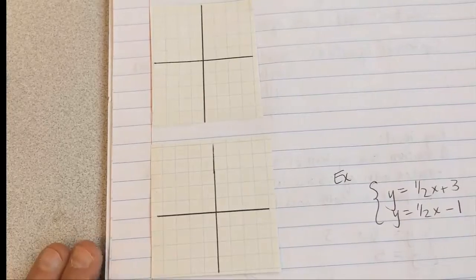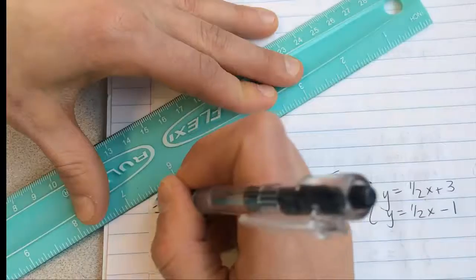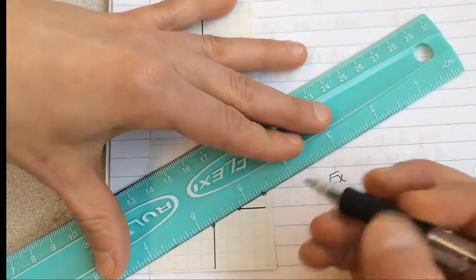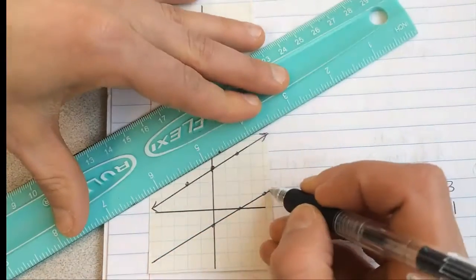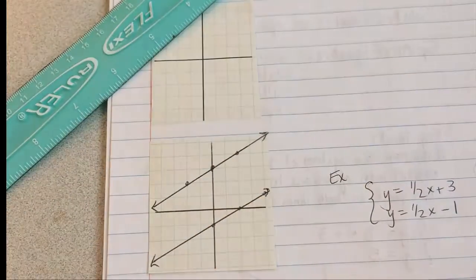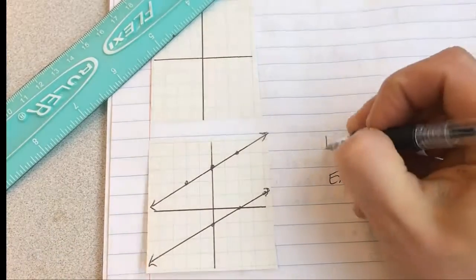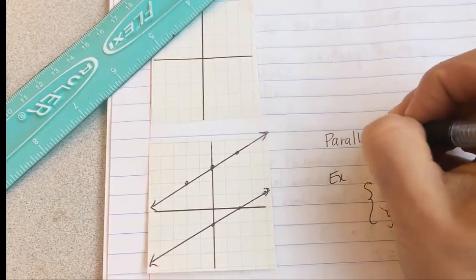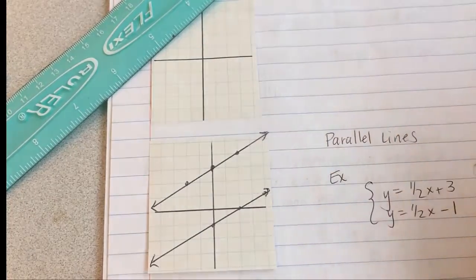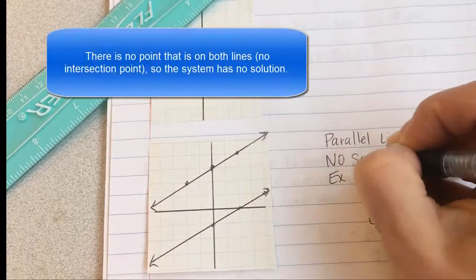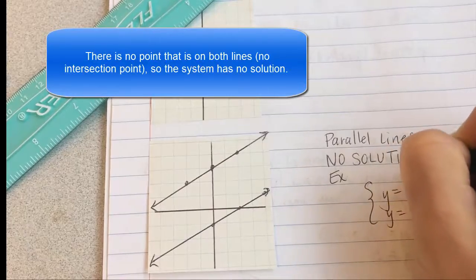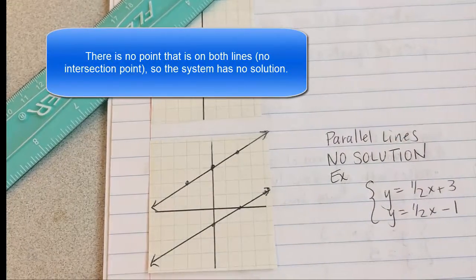Just gotta think about what kind of lines those are. So you notice they're parallel lines, no solution. So when there are parallel lines, the system has no solution. You can think of a lot of examples of that.